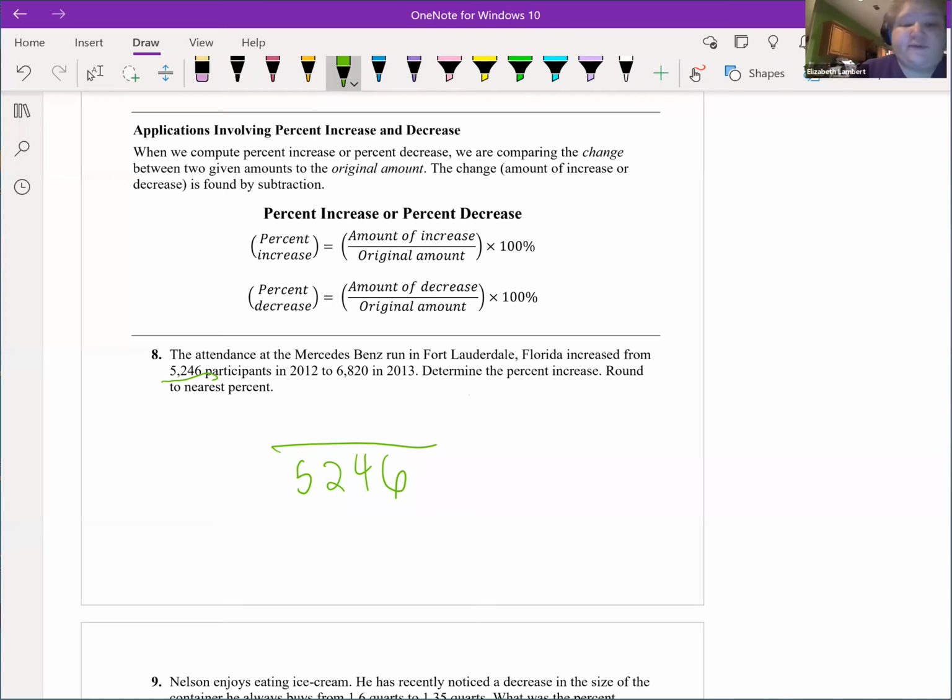Now we're going to do the difference on top, the 6,820 minus 5,246. And then we will multiply by the 100 to convert this into a percentage. So if you were going to type it all at once, make sure you got parentheses around the top, and you can put them around the bottom, but it'll calculate fine whether you put them there or not.